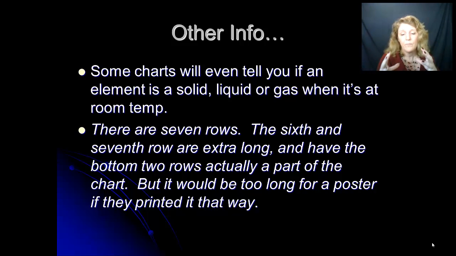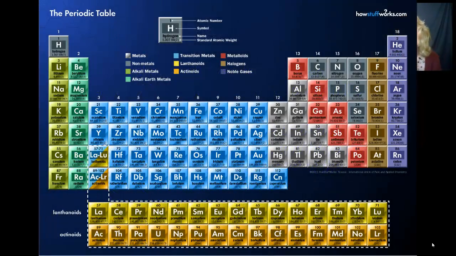But what I really need you to understand is that there are 7 rows, and that represents the 7 spheres, the 7 electron shells of the atoms. The first one only has 2, and the second and the third one have 8, and then you go more. Okay, and then there's always that really long strip on the bottom. That's actually the 6th and 7th row, and that row should go in the middle.